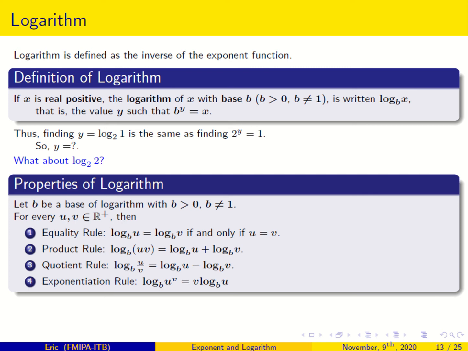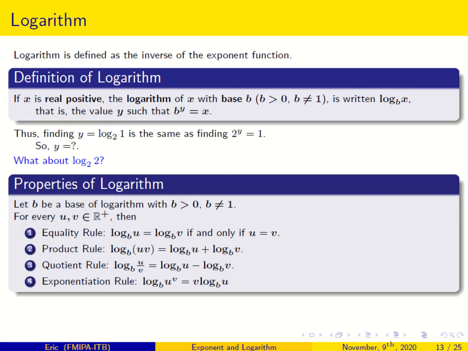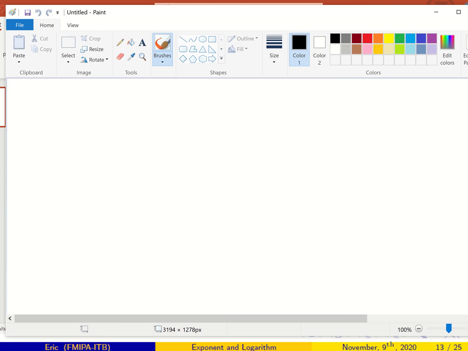This is the exponent of the multiplication with the same base b. I can look at it like this: log b of u times v is the same as log b u plus log b v.